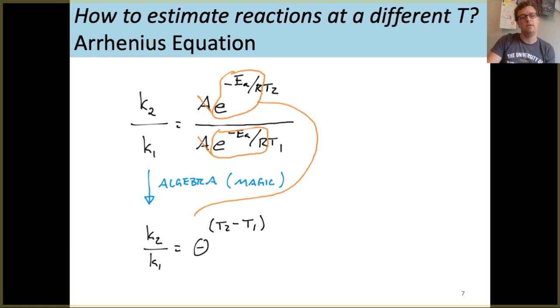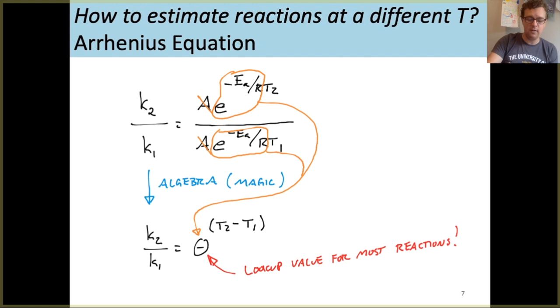What's actually happened here is that the reaction coefficient A could be canceled out, and that e to the minus Ea over R stuff all gets recombined into a theta value. For any chemical reaction that we're interested in, any typical equation, we can look up that characteristic theta value.